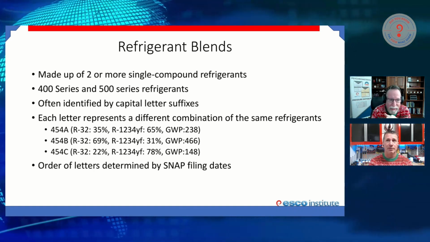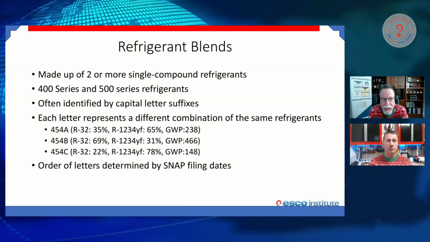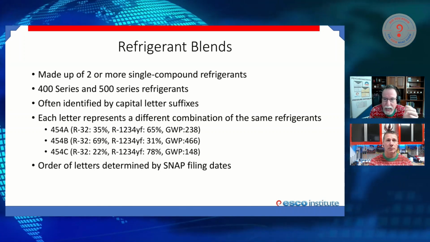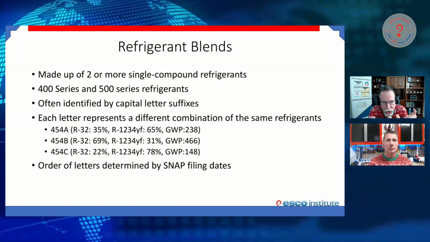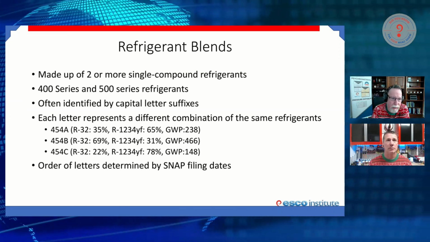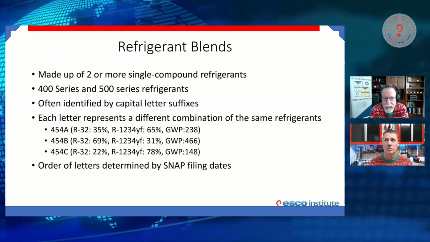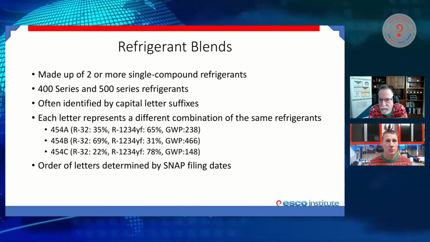So our 454 is made up of R32 and R1234YF. The only difference between the A, B, and C is the percentage of each of those refrigerants in the blend. So 454A, for example, is 35% R32 and 65% R1234YF.